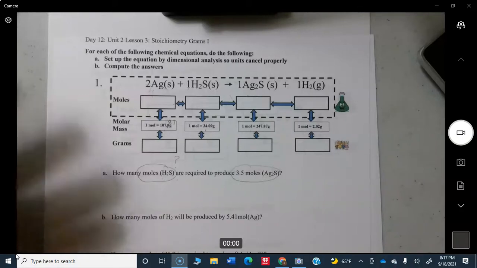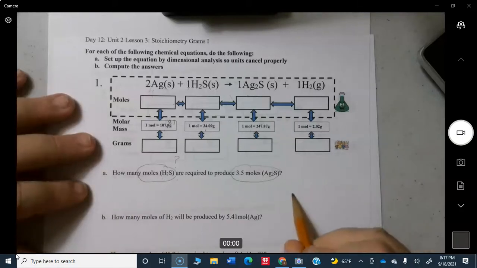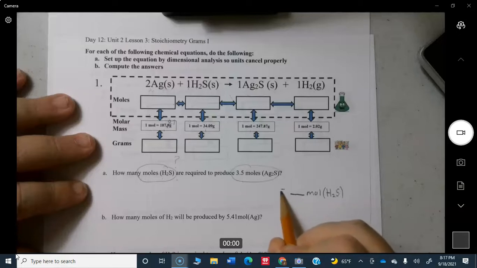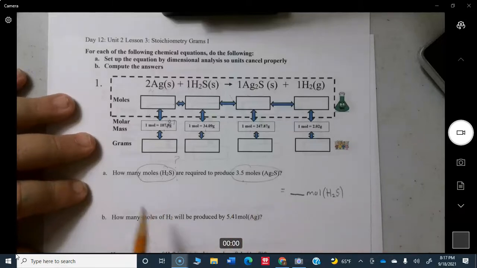This is what we're trying to find. So we're now writing a math equation. Over here on the right, we have moles of H2S. That's what we're trying to find, so this is where our answer will go. And over here, we put what we know. So it's 3.5 moles of Ag2S.